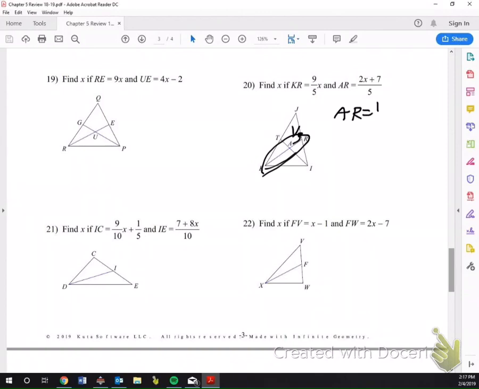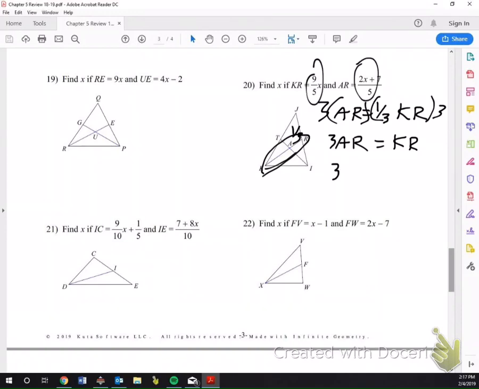So AR equals 1/3 of KR, or multiplying both sides by 3, 3 AR equals KR. Now we plug in our variable terms: 3 times (2x plus 7)/5 equals 9/5 x.